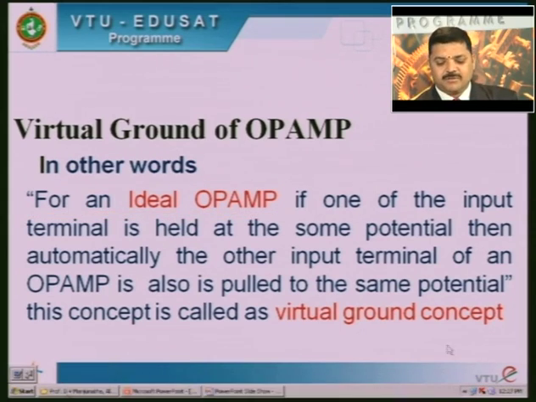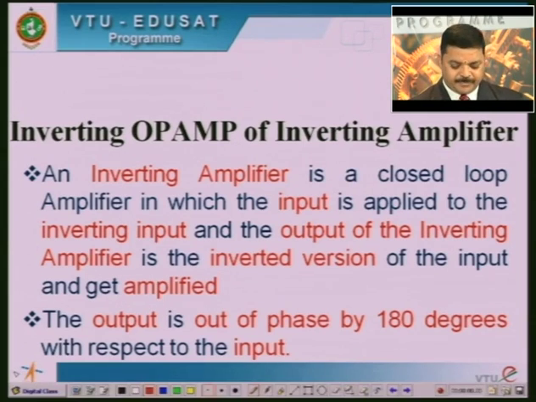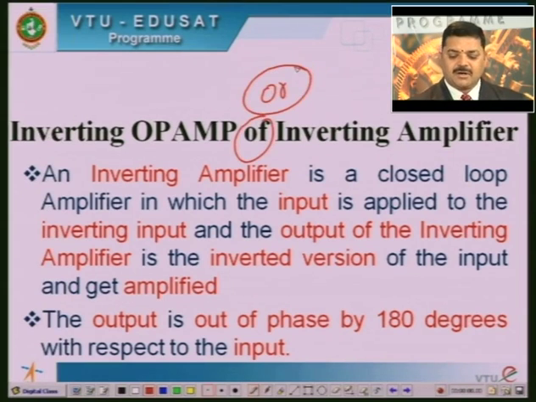Next we will move on to the next concept, the inverting op-amp, or inverting amplifier. This is R actually. So, this is R, the inverting op-amp or the inverting amplifier.